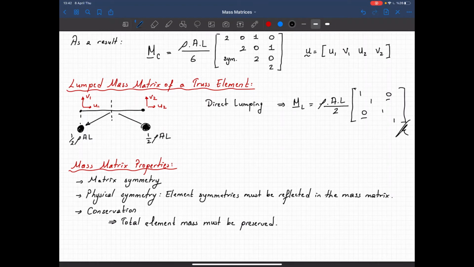Then the other conservation law is the linear momentum, which is also something that we have to conserve, and also sometimes we want to have the angular momentum to be conserved.